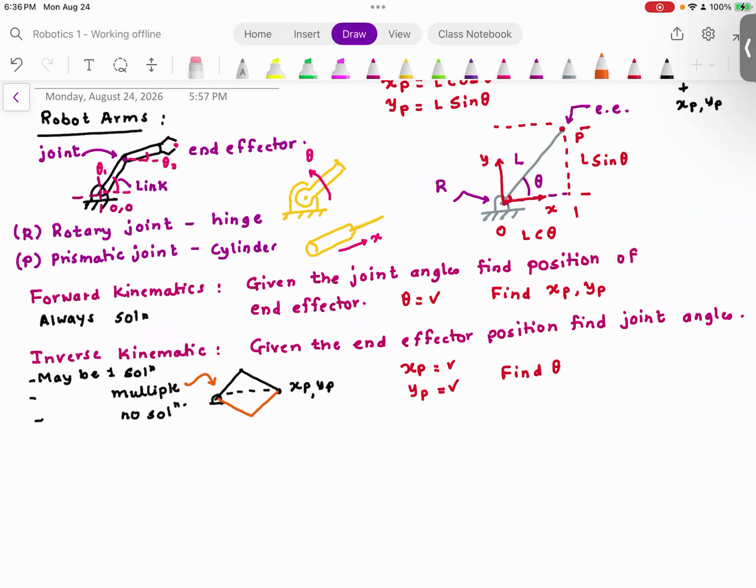Assume this reference frame is fixed. This fixed reference frame is called the inertial or fixed reference frame.